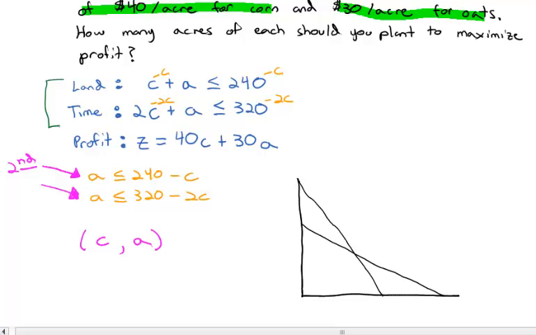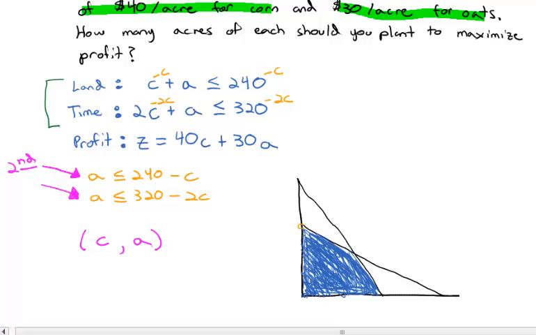But what I really want to be able to do is say where the double shading was on that graph below is right here. I should do this with a highlighter because it's thicker. Anywhere in that region, all of the constraints of land and time are satisfied.